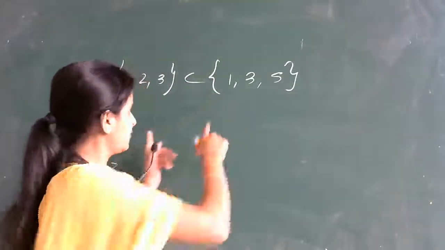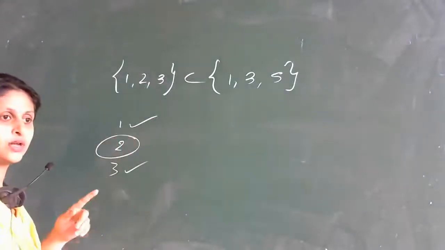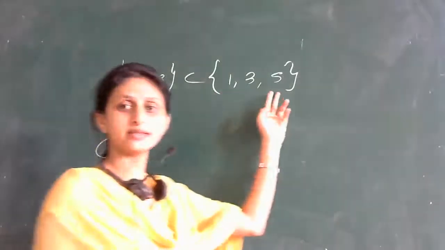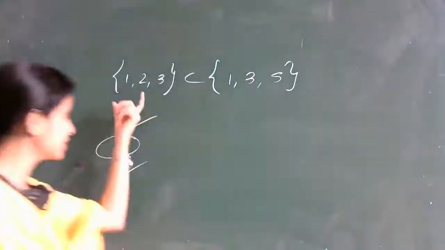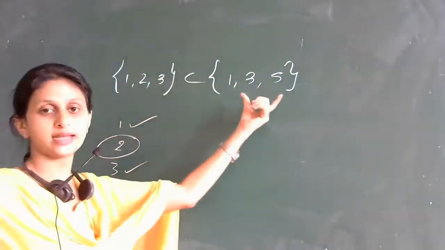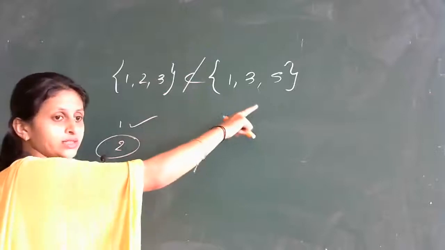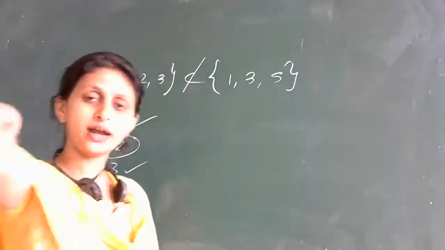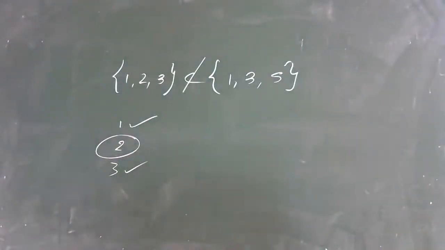But observe here, we have 1, we have 3. But what about 2? This element 2 is not in my second set, right? So we have one element in the first set which is not there in the second set, and hence this statement is false. In fact, this is not a subset of {1, 3, 5}, right? So it is not a subset of the set containing 1, 3 and 5. I hope you understood.